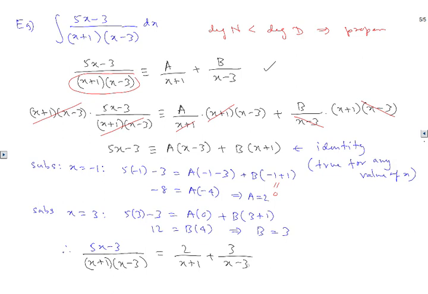Okay, so we find the two unknowns using the substitution method. We substitute special values so that those numbers come really fast.